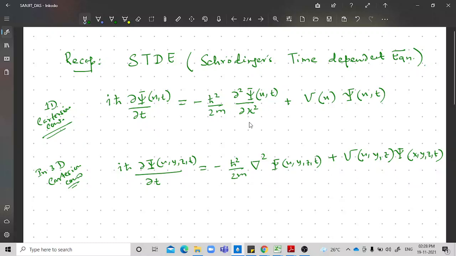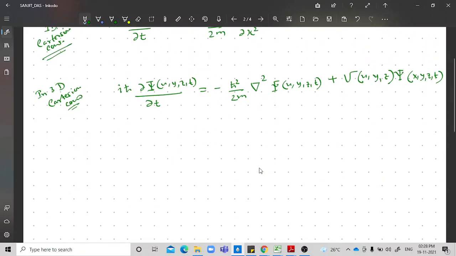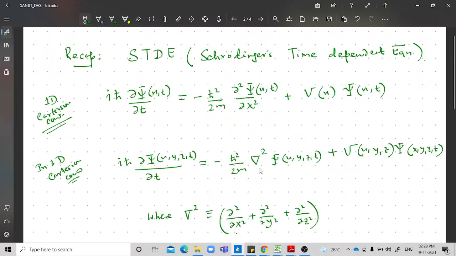And so many times we have discussed earlier what is the Laplacian operator, where the Laplacian is nothing but the operator dou 2 by dou x2 plus dou 2 by dou y2 plus dou 2 by dou z2. Yes, good.